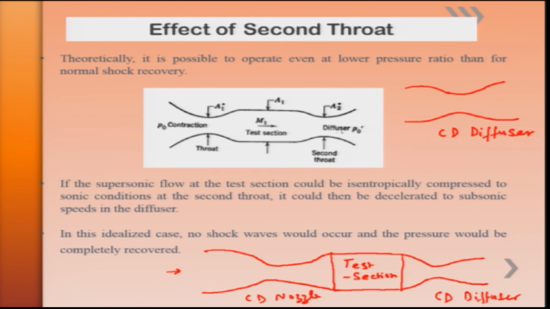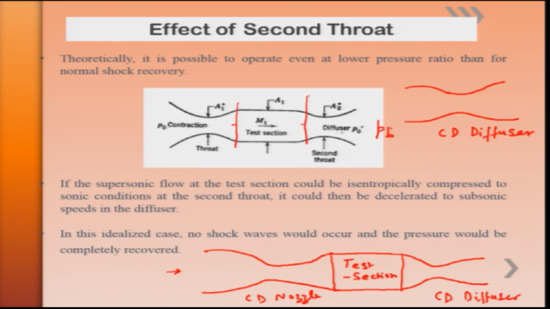Since a constant area passage is attached just at the exit of a convergent divergent nozzle, by controlling the back pressure somewhere downstream, you can move this shock from the upstream placement to somewhere here, so that the test section becomes totally shock free, and hence an isentropic flow can theoretically be obtained inside the test section.